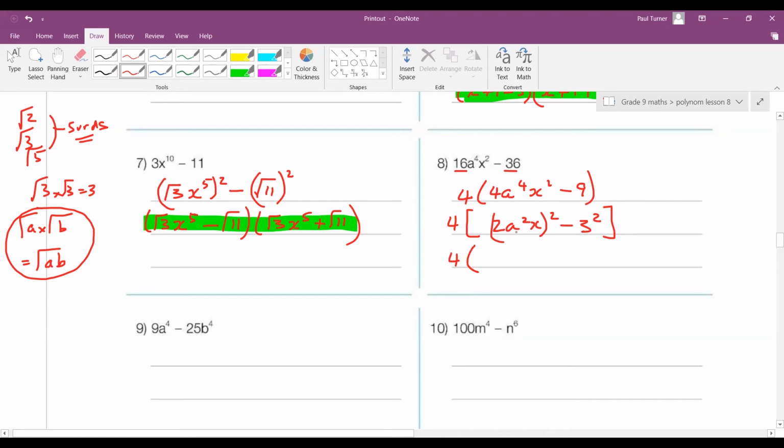We'll end up with a^2 x minus 3, a^2 x plus 3. All right, and keep your 4 there. That's part of the answer as well. So you can double check by expanding. You should get that as the answer for question 8. You can copy that down if you're not sure. I'll leave it there a minute.